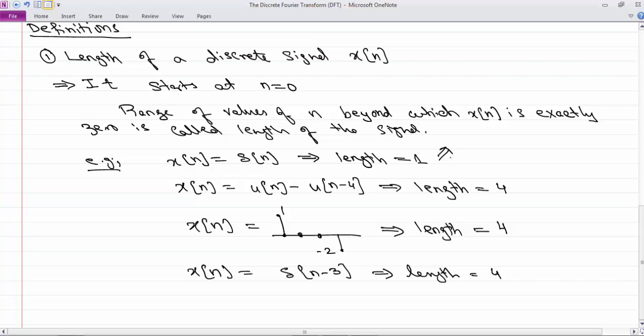But from a computational perspective, I can always store it as one number, 1, or I can store it as 1, 0, 0, or 1, 0, 0, 0, 0. I can add what is called zero padding. I can add more zeros to my signal at the end. By adding, I mean you literally store it in your computer. And we'll see that there is some value to increasing the length of your signal.